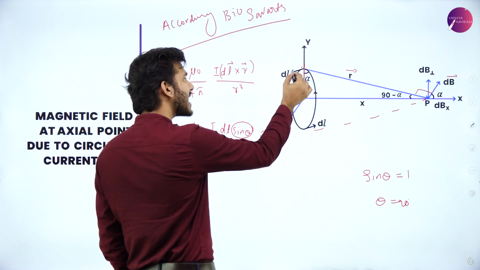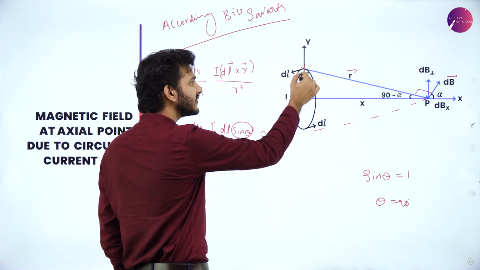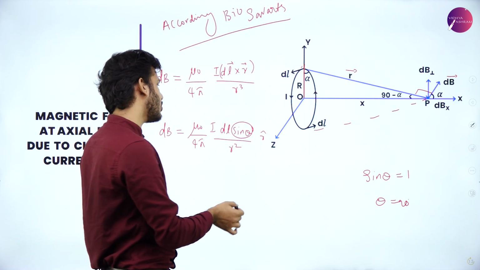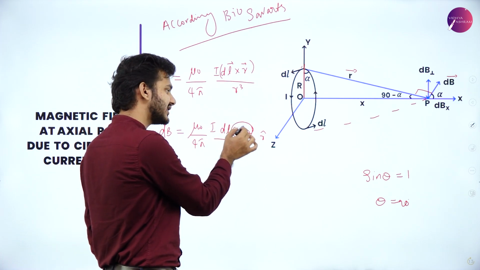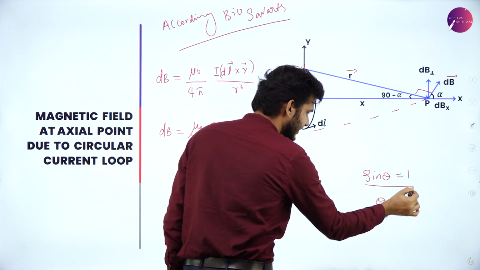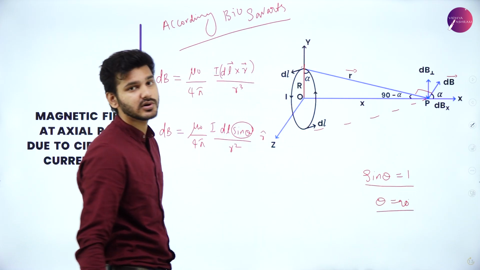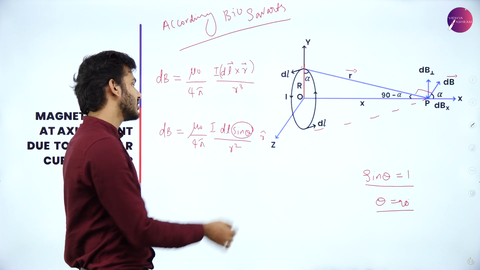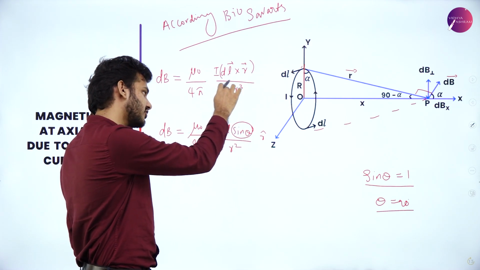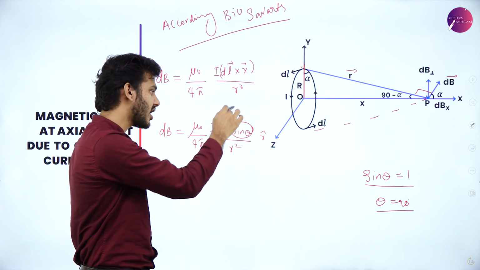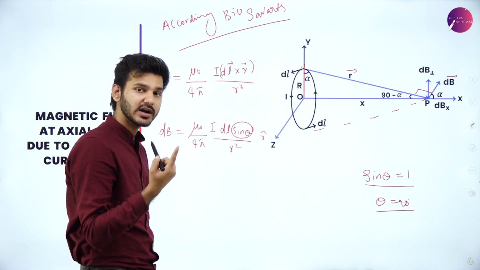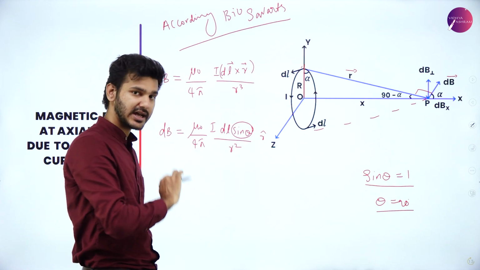So we can say that I dl sine theta will be equal to I dl because sine theta is equal to 1 as theta is equal to 90 degrees. So we are taking the scalar form from the vector form. From that scalar form, we are taking sine theta to be 1 as theta is equal to 90 degrees.